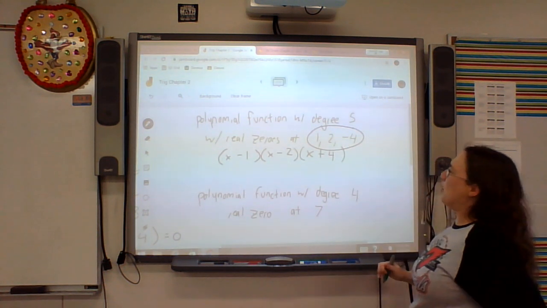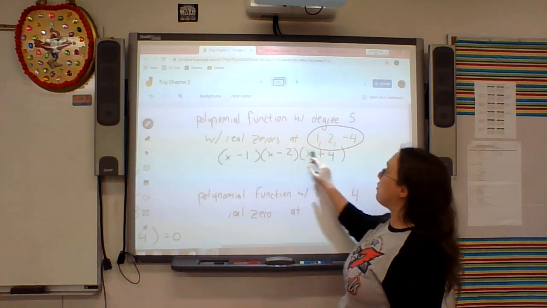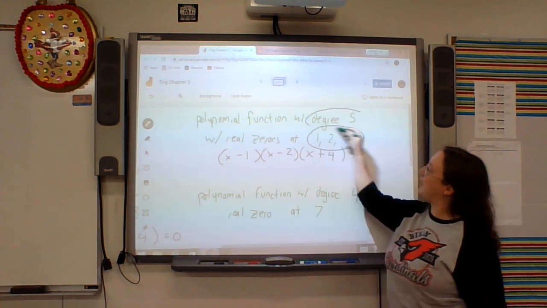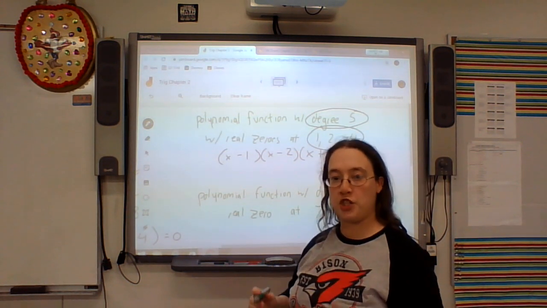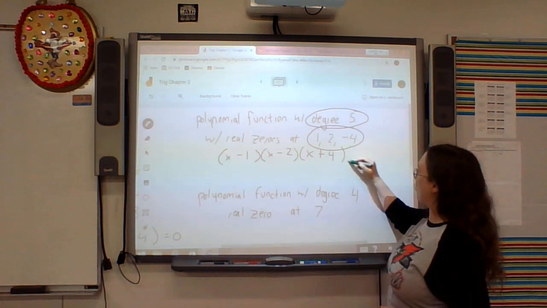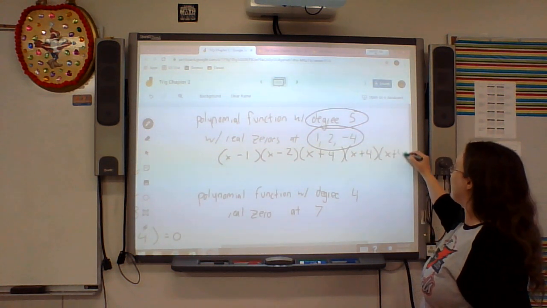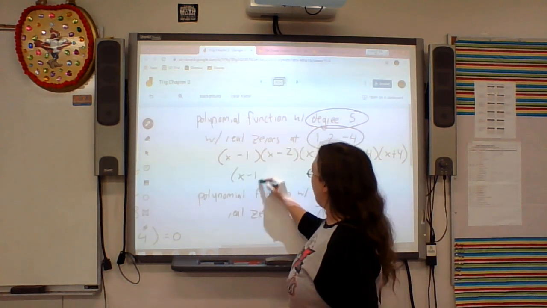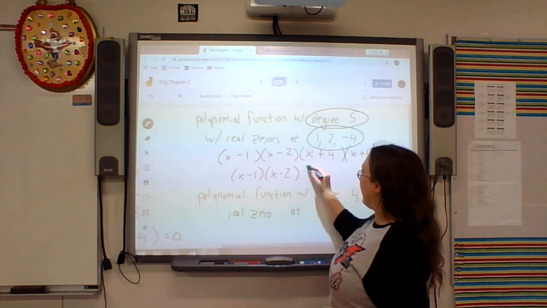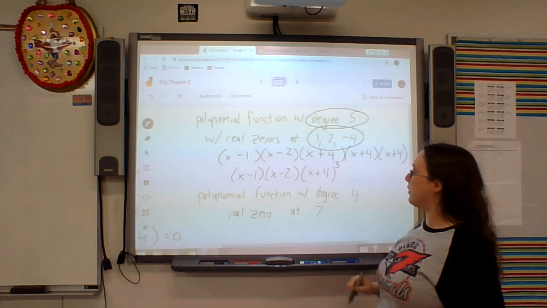Now, you may notice that's only a third degree polynomial. That's 1, 2, 3. So if we want a degree of 5, we're going to end up repeating some of those, which you could either write out like this, so you can just write them out again and say, well, I want to repeat this x plus 4 twice. Or the other way you could write that is you could say, well, x minus 1, x minus 2, and then x plus 4 to the third.